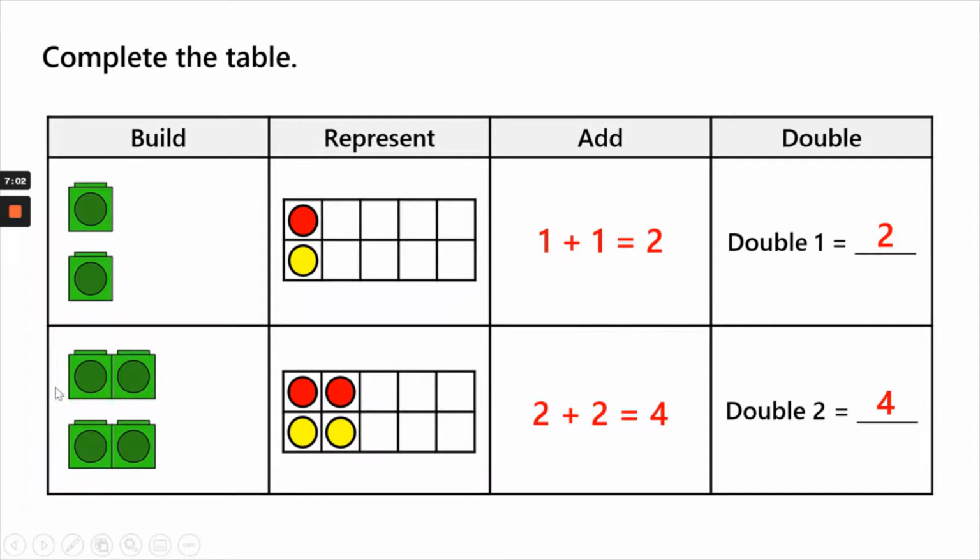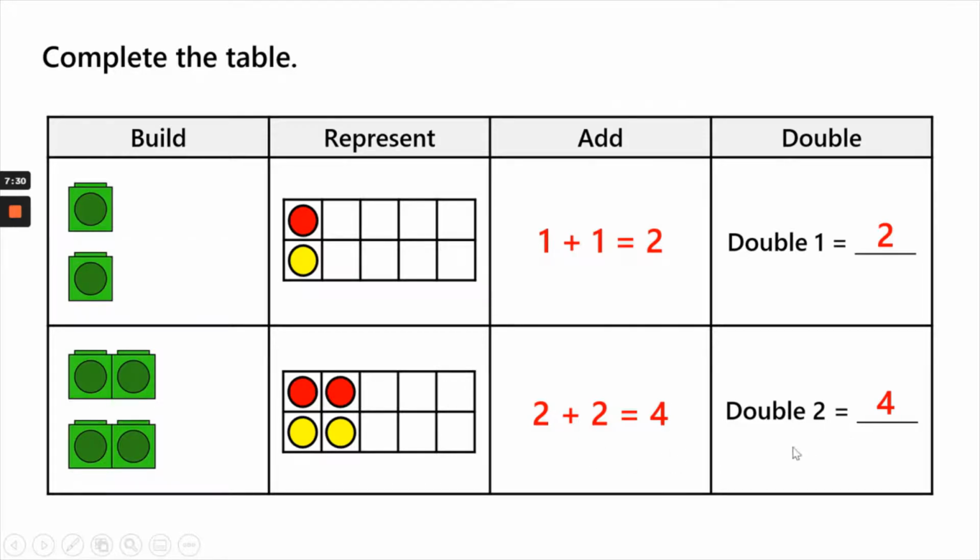So we use concrete, things that we can use, things that we can build and move with our hands and make. And then we have an image to represent our doubles. But when we look at our maths sentences, this is how it will look. 2 add 2 equals 4. Double 2 equals 4.